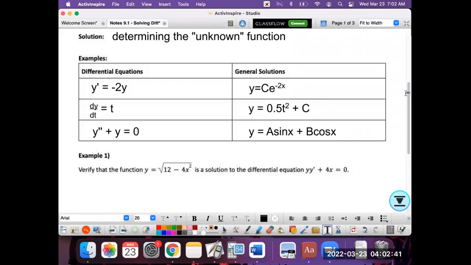Now, when you actually do this in practice, it might seem really silly to show all of your work, but simplify one step at a time. I know you might be able to just plug things in and then see immediately, oh, this is going to work out. But humor me, simplify one step at a time before you go straight to saying, oh, this works.